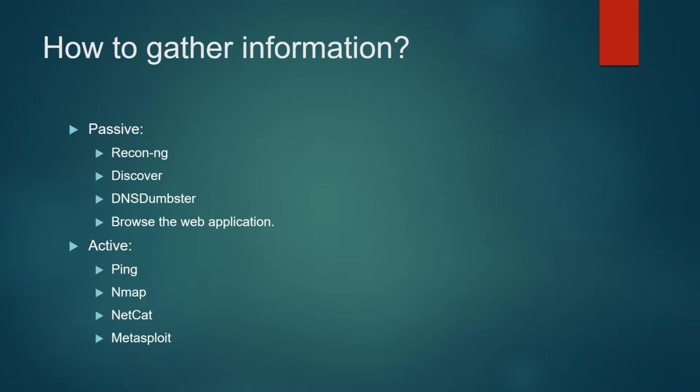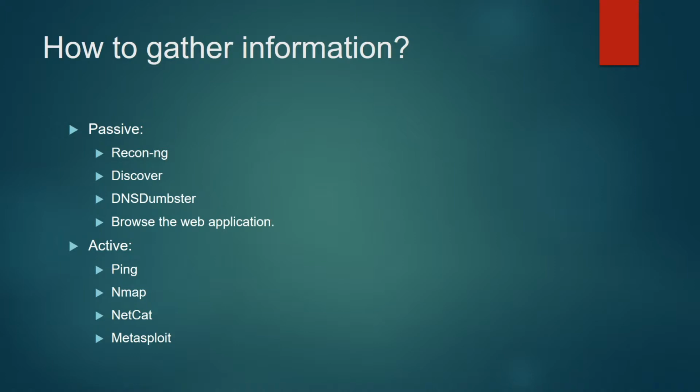You must have all the available information out there. So first you have to do the passive scan, because you won't get detected. As we said before, when you are doing an active scan, you have a chance of being detected if you are not careful. So first we are going to do passive in order to stay safe and see what information we can get from the passive scan.